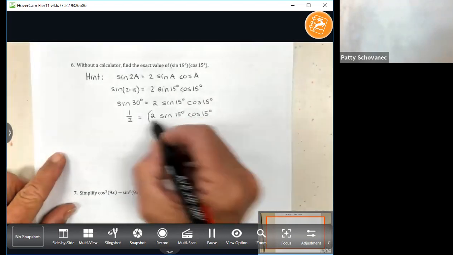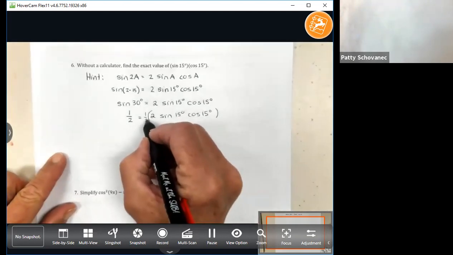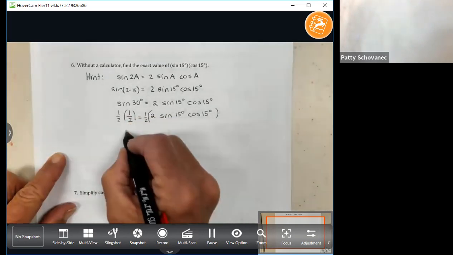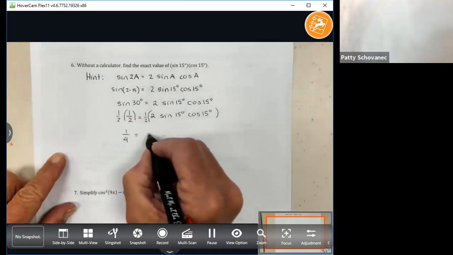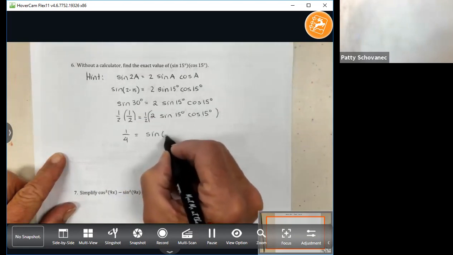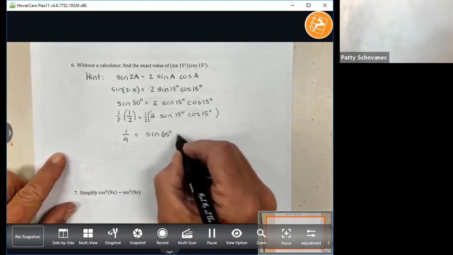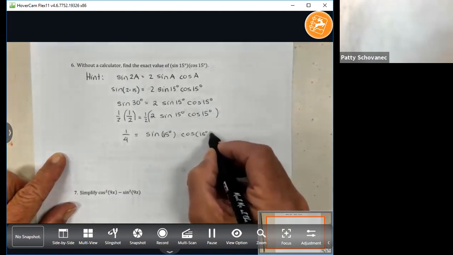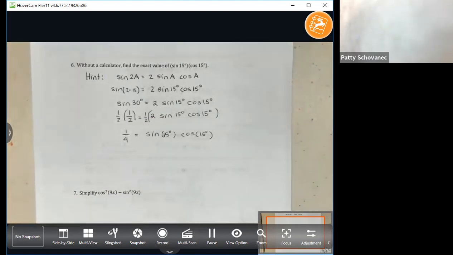So let's multiply this side by a half and multiply that side by a half. And so 1/4 is the exact value of sine of 15 degrees times the cosine of 15 degrees. Okay?